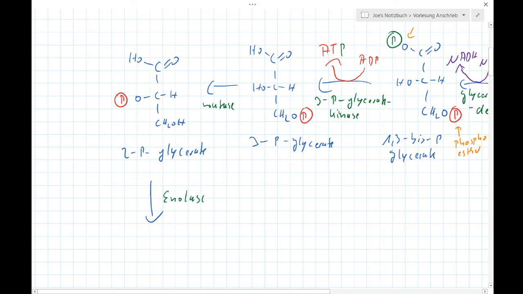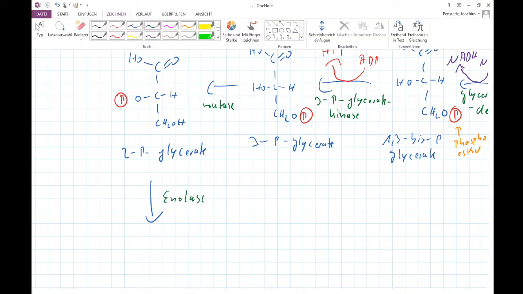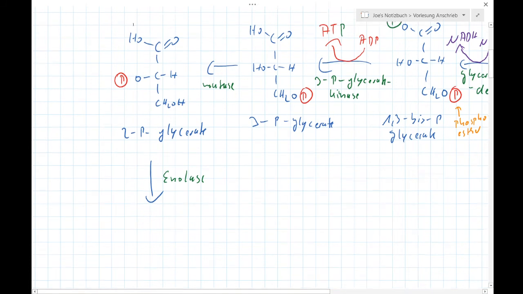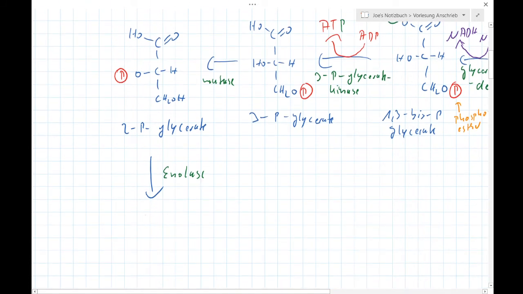This is certainly a special reaction which you won't see very often in metabolic pathways, but in glycolysis this is also a central reaction. So we are then producing an enol, and an enol means that we have an ene, which is a double bond, and a hydroxyl group at that position.